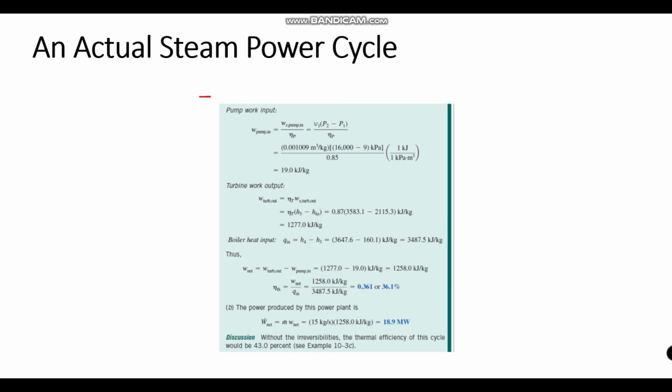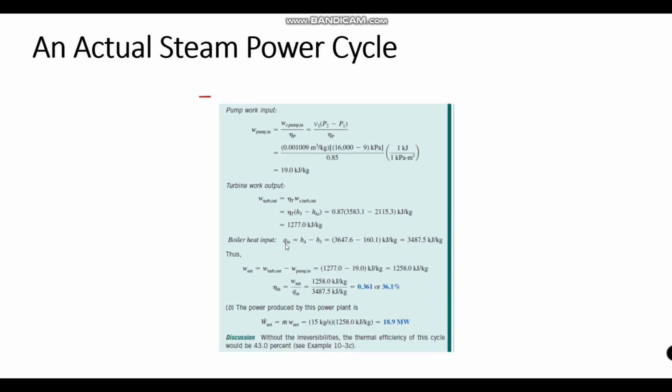And the turbine work, well, you all calculated the work of the turbine: the efficiency of the turbine times the enthalpy at the inlet of the turbine minus the enthalpy at the inlet of the condenser.